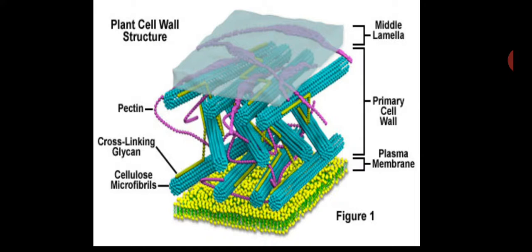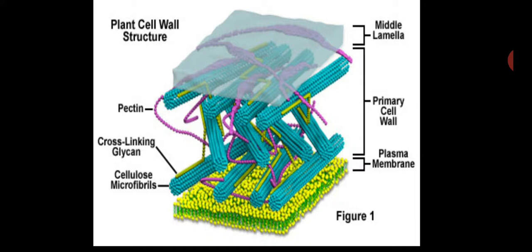So in these pits, sometimes plasmodesmata, the cytoplasmic strands, can traverse from one cell to another in adjacent cells. So these are called plasmodesmata. This is the connectivity of adjacent cells.